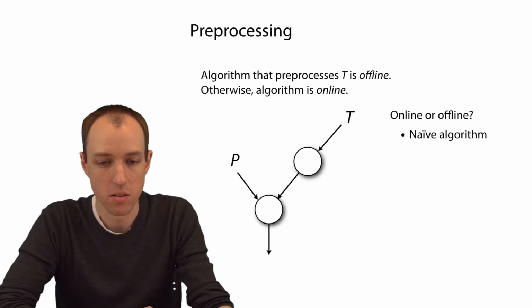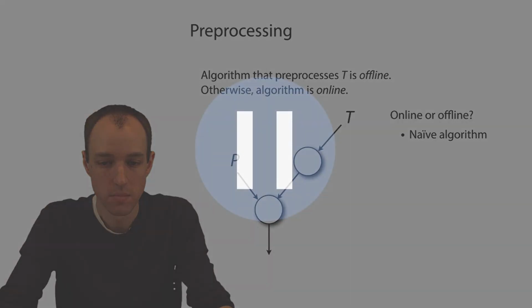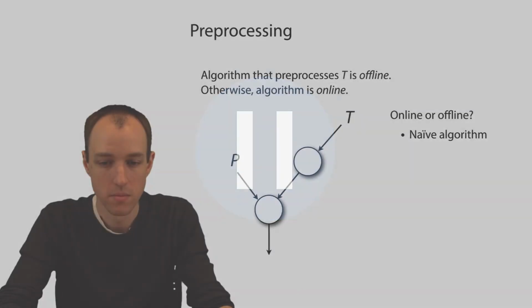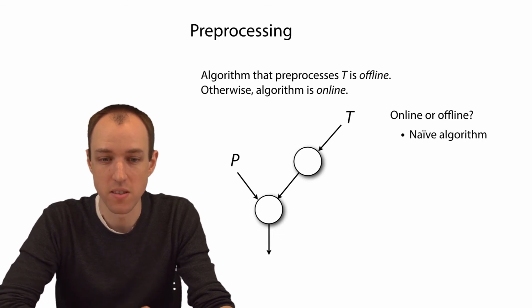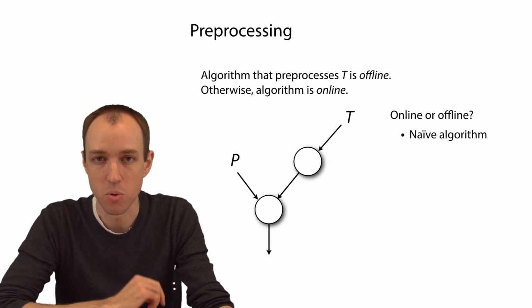So first of all, the naive exact matching algorithm, was that an online or an offline algorithm? This was online. The naive algorithm did no pre-processing at all, so it definitely didn't pre-process the text.